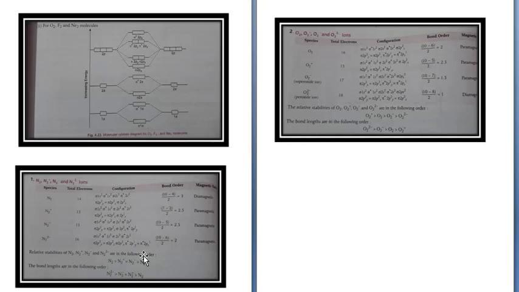Similarly, if we look at O2 species, O2, O2 plus, O2 minus and O2 2 minus. Now see the species. O2 has total electrons 16. If you look at the electronic configuration, it is sigma 1s2, sigma asterisk 1s2, sigma 2s2, sigma asterisk 2s2, sigma 2p2x, pi 2p2y, pi 2p2z, pi asterisk 2p1y, pi asterisk 2pz1.